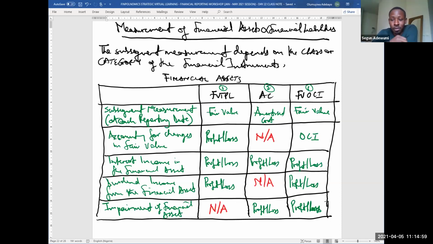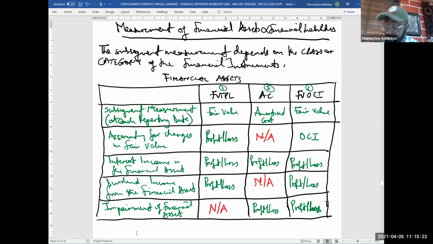Yeah, I think I will go with what Enaro said, that since it's already fair valued, there may not be need for impairment. Okay, yeah. I will explain. It's not necessarily because it has been fair valued. This bucket too was fair value.